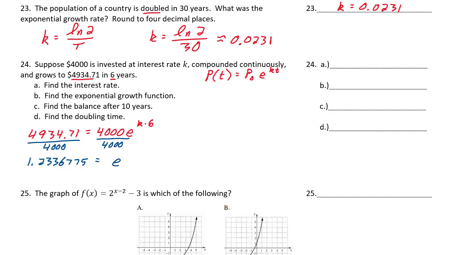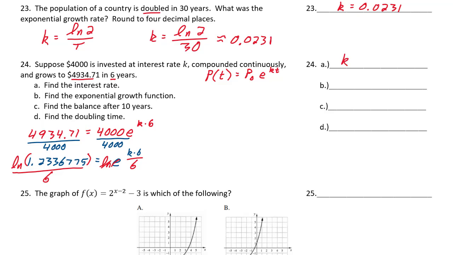But that would equal my e to the k times 6. So to cancel the e, just like we did not too long ago, I'd introduce a natural log. And so those should cancel, and really I just need to divide that result by 6 then. So keep in mind I would do the natural log of this long number first, close the parenthesis, and then just say divide by 6, and that should give me what the k value is.